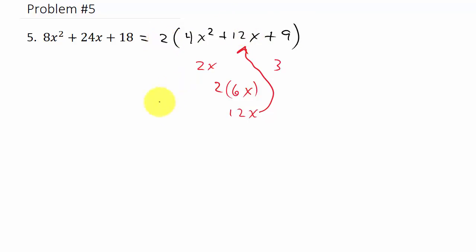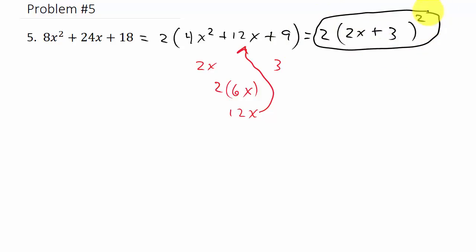Well, all that means is 2 is just going to come along for the ride. So that's going to be 2, and then this factored is going to be the parentheses squared. So it's the square root of 4x squared, which is 2x, this sign, which is plus, and the square root of the last term, 3, square root of 9. Alright, and there's your answer.